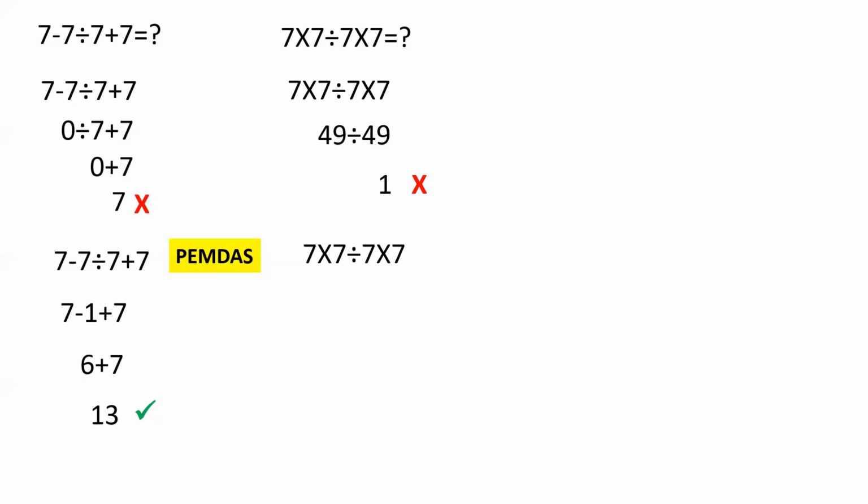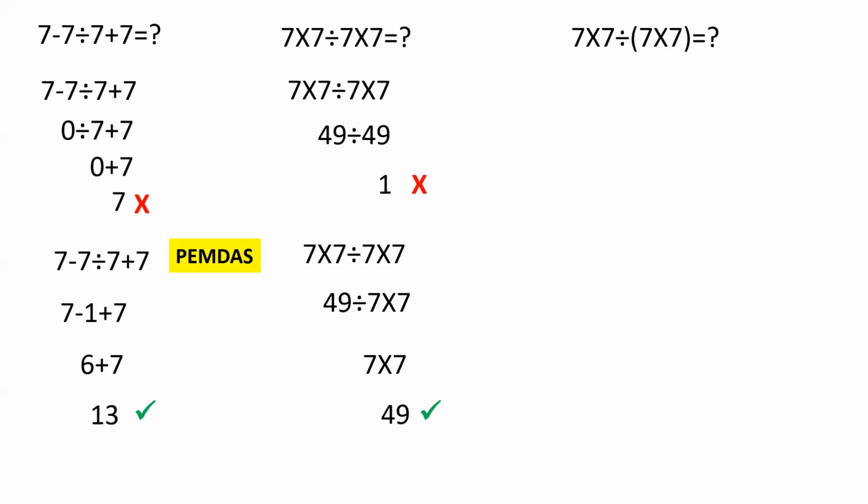So we need not worry about doing multiplication first versus doing division first, because all we have in terms of operations here are multiplication and division. So we can start in our natural fashion, from the left. First do 7 multiplied by 7, that's 49. Then 49 divided by 7, that's 7. So we get 7 multiplied by 7, and the answer is 49, which in this case is the correct answer.